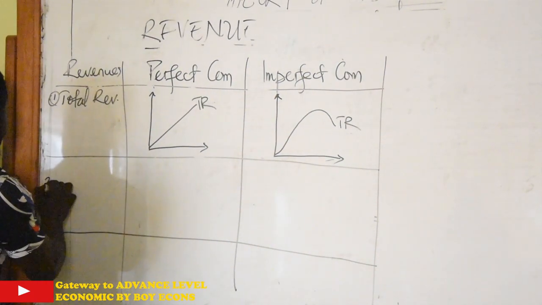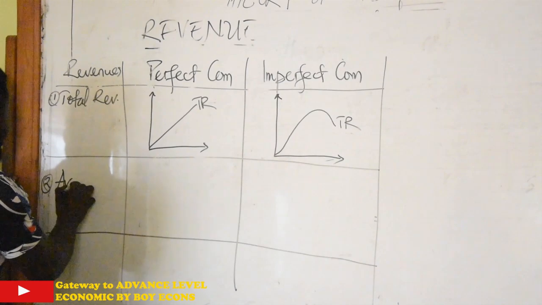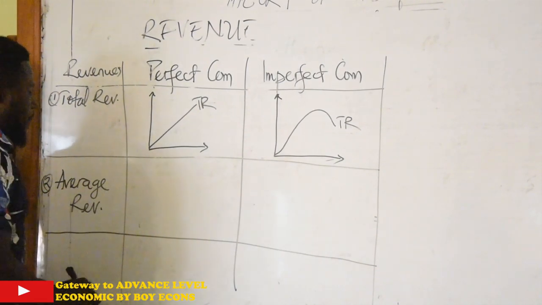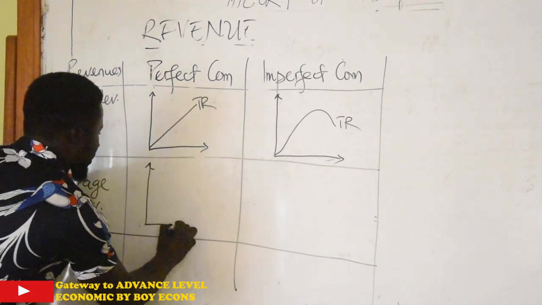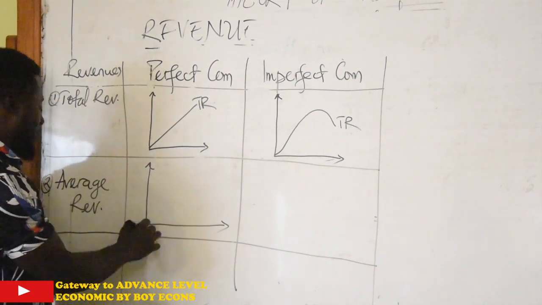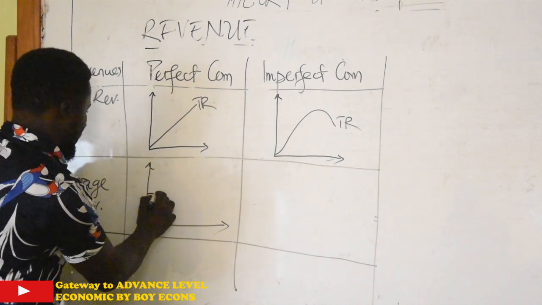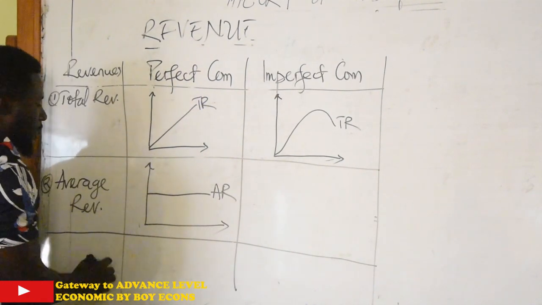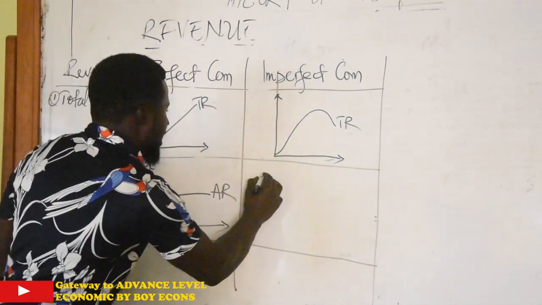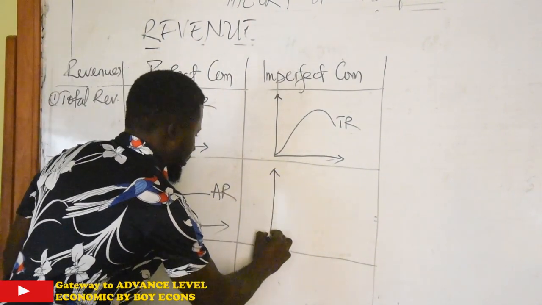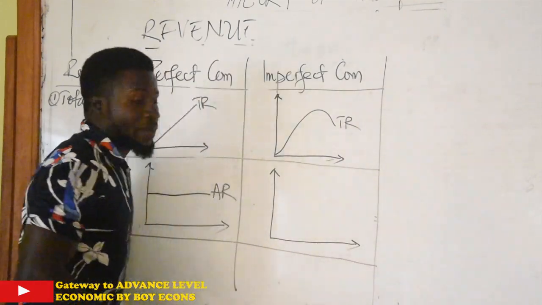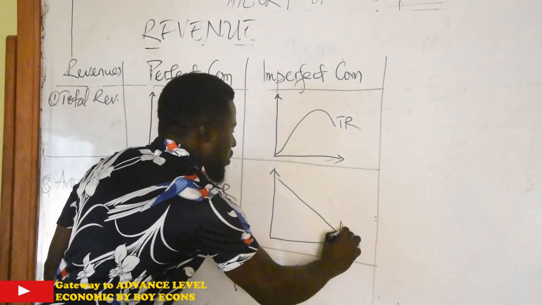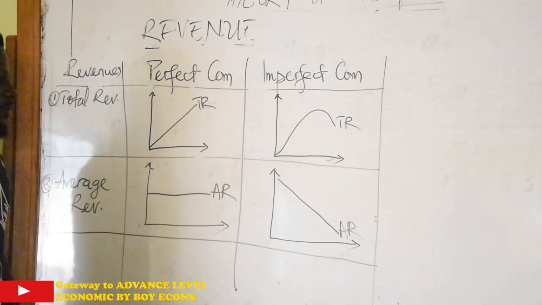And then we have the second, which is average revenue. This is how your average revenue curve looks like under perfect competition. And then under imperfect competition, your average revenue curve is downward sloping like the demand curve.